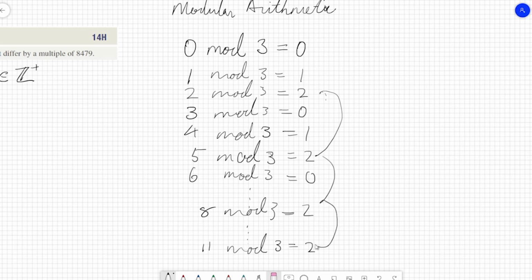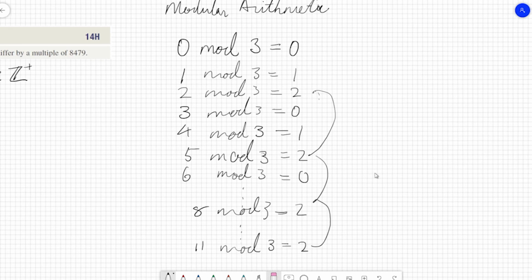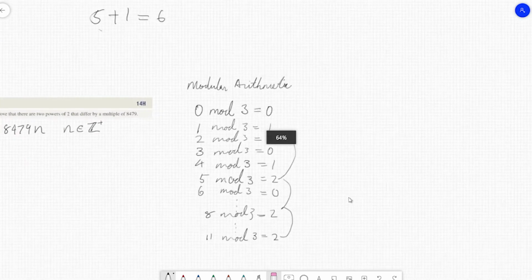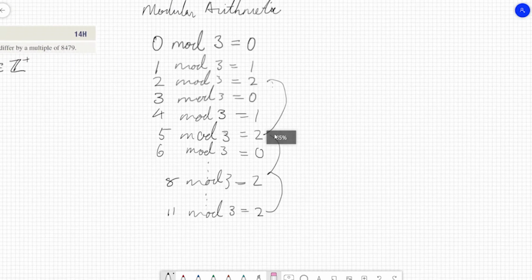So these numbers will always give you the same remainder when divided by 3.